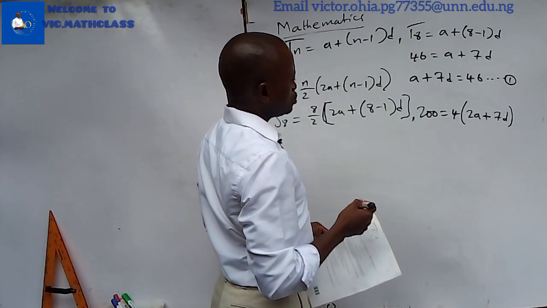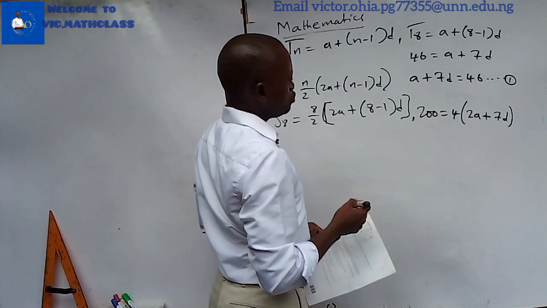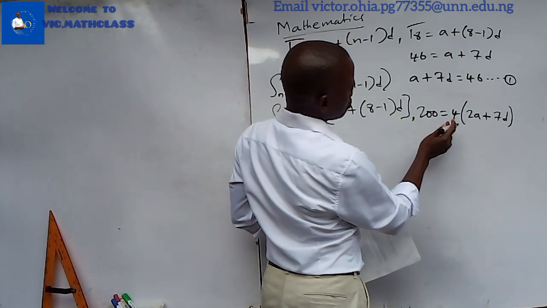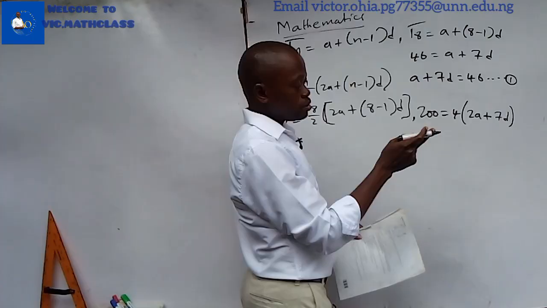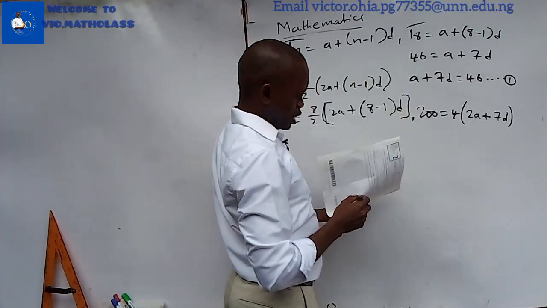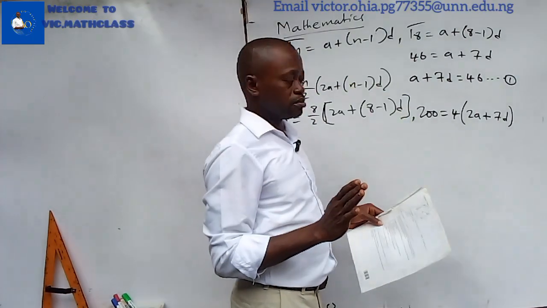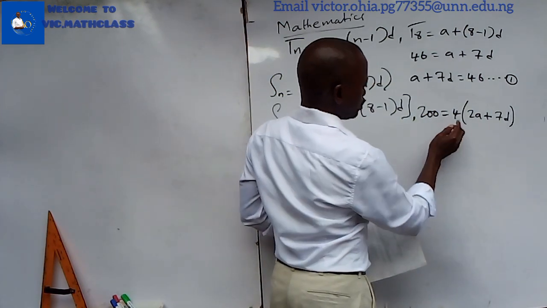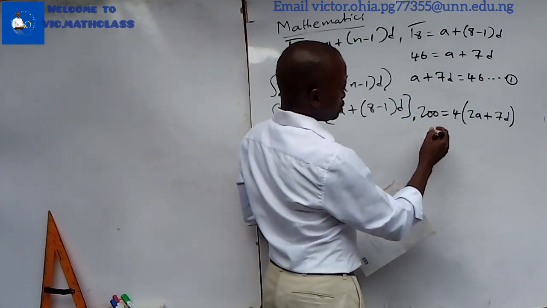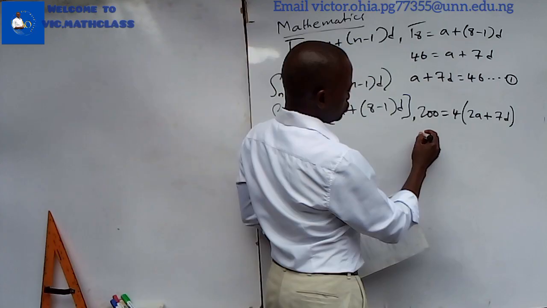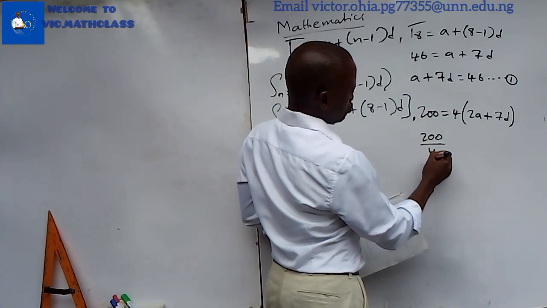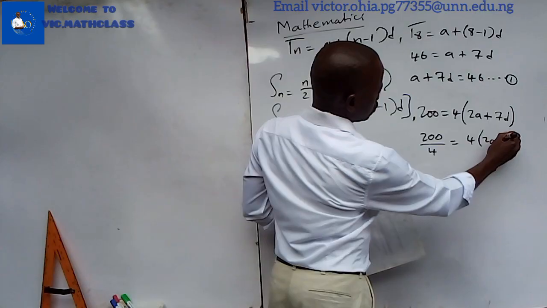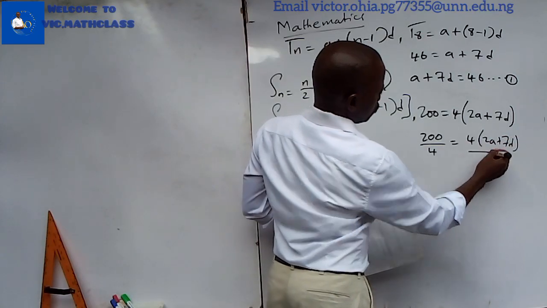All right. So if you look at this now, permit me so that I can have figures we can comfortably manage. Permit me to divide both sides by 4. If I do that, I'm going to have 200 over 4 equals 4 bracket 2a plus 7d over 4.